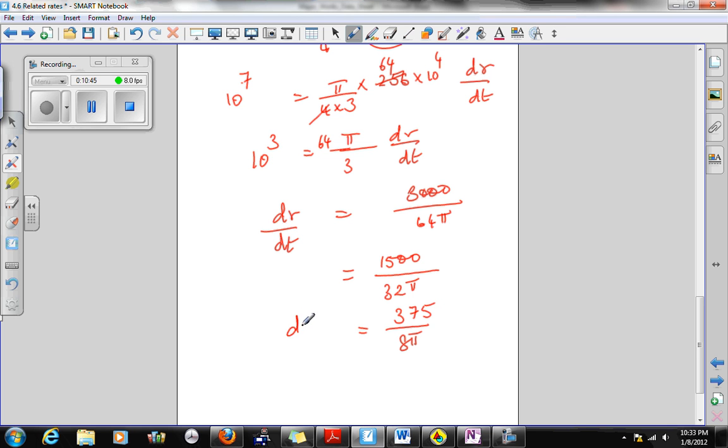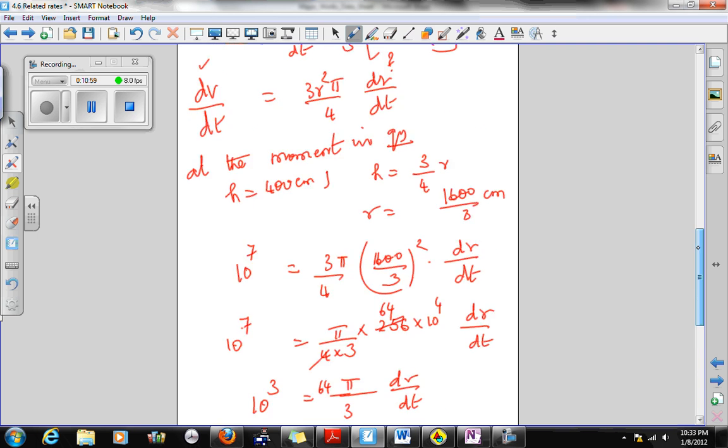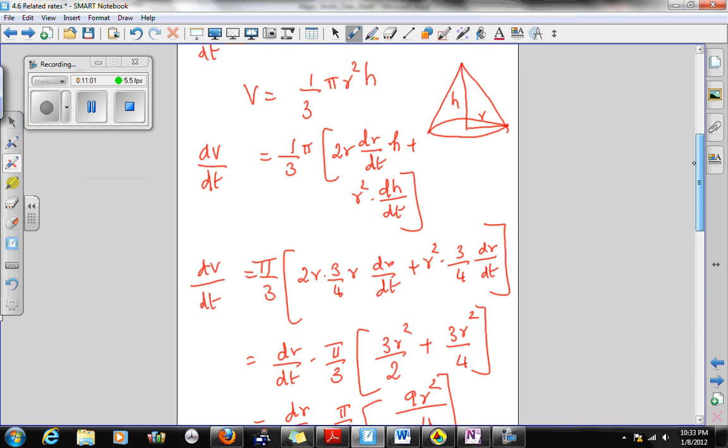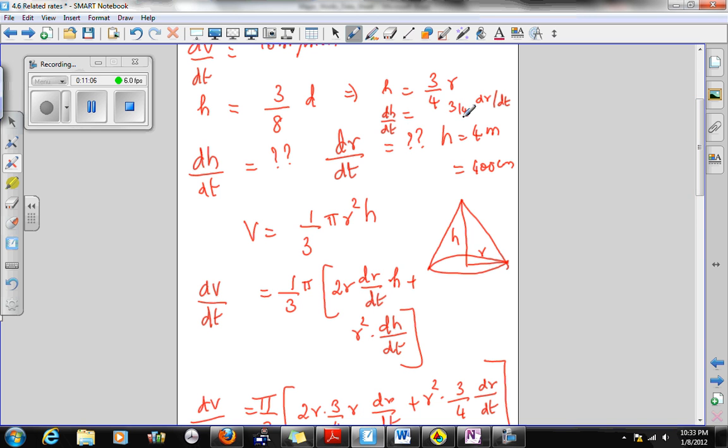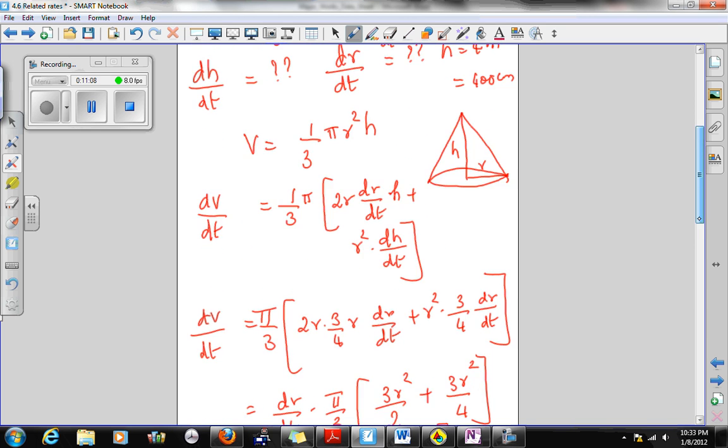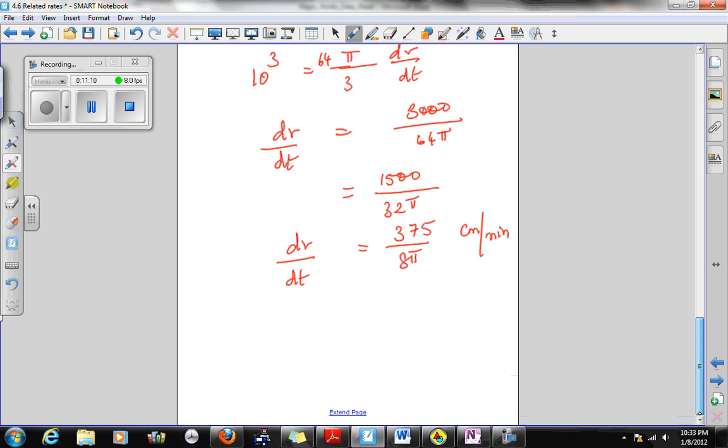So dr by dt, we found the rate at which the radius is changing, though part A was finding the rate at which the height was changing. We figured this out first, and it is centimeter per minute. Now we go back to the relationship between h and r, where dh by dt is 3/4 times dr by dt.